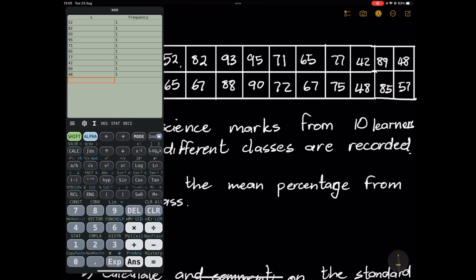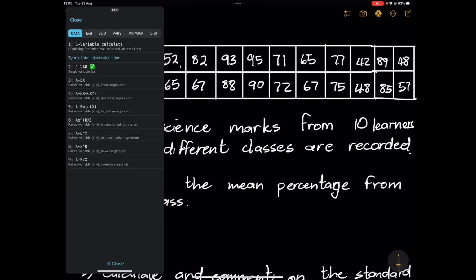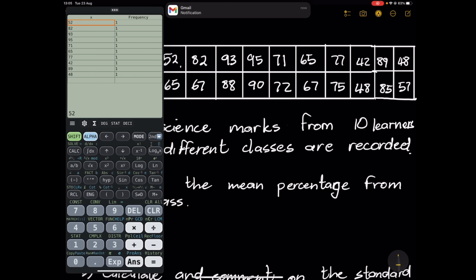So now, please remember, now that you've got all your data points, remember to press AC to save them, all right? And then what we're going to do is to now go to stat, okay? And remember, in your case, you would have to choose the option that is relevant to your calculator, okay?